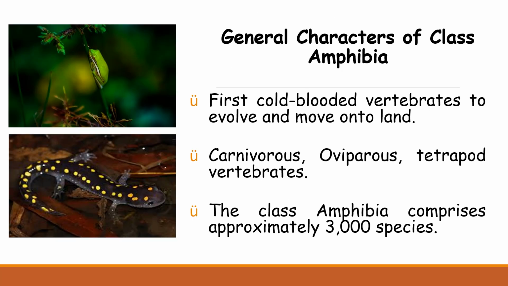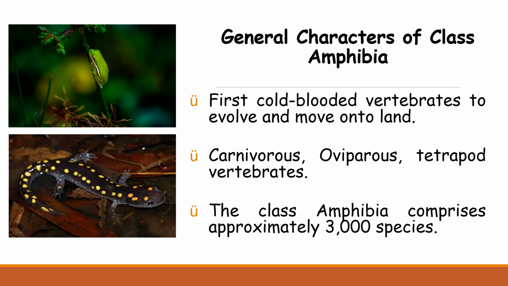Now, the general characters of class Amphibia. Amphibians are the first cold-blooded vertebrates to evolve and move onto the land for the first time, because if you see, the previous class is Pisces, where all the fishes are completely aquatic.